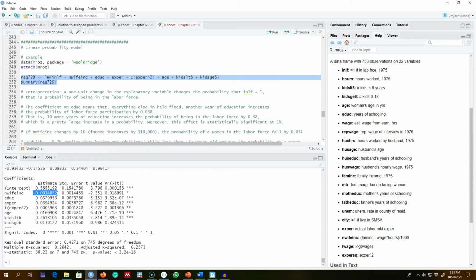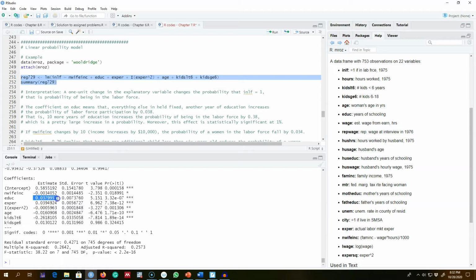A 1 unit increase in the family income decreases the probability of a woman being in the labor force by 0.0034. That is, if family income increases by $10,000, the probability of a woman being in the labor force falls by 0.034. That's the interpretation of this first variable.